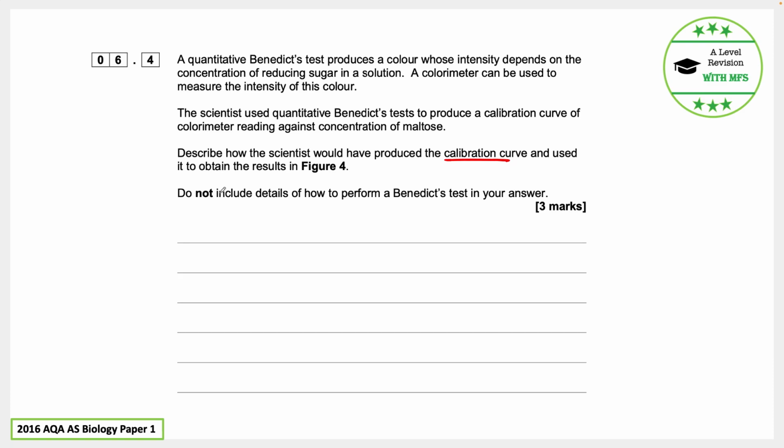Okay, whether unknown or known concentrations, you need to produce your maltose solutions, and you need to use a colorimeter to measure the colorimeter value, the color value of each solution. And then for each of those maltose solutions, you need to plot the colorimeter reading on a graph. Okay, and then you find the concentration of the sample that you're looking for after you've drawn your calibration curve.